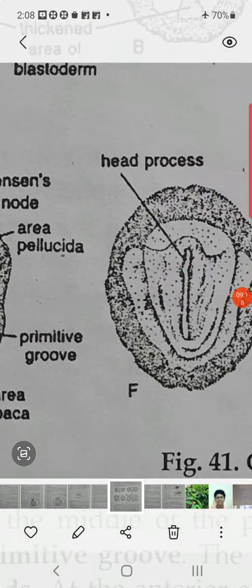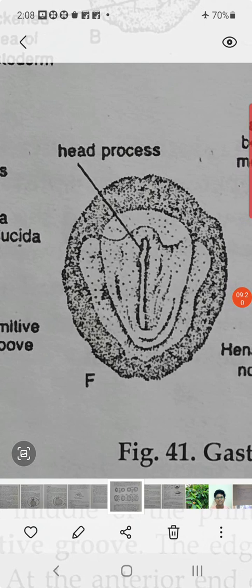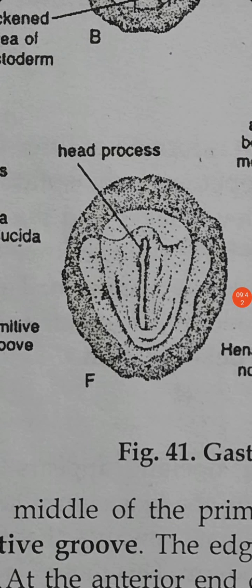After that, this takes place at 18 hours of incubation. At 18 hours, the part of the area pellucida adjacent to the primitive streak begins to show increased thickness. So after 18 hours, the area surrounding this primitive streak gets thickened, and this is called the embryonal area or embryonic shield.